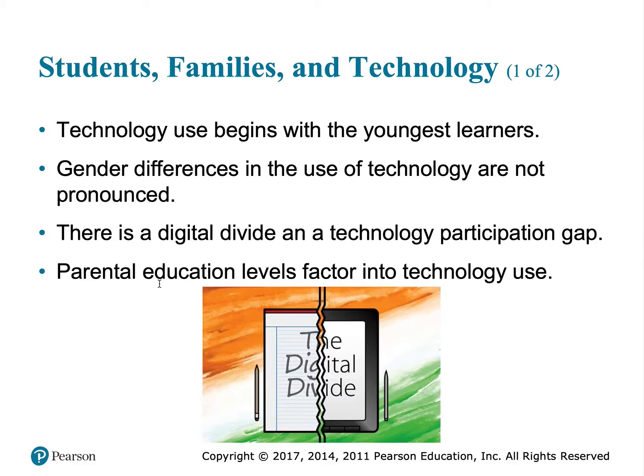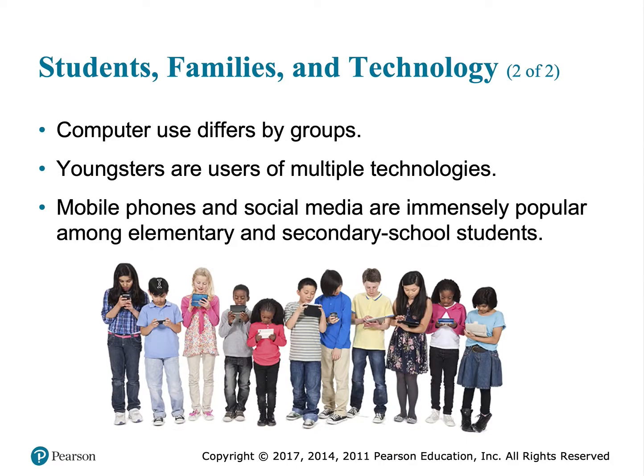And then the parental education levels factor in technology use. Parents or guardians, how plugged in they are can affect how plugged in they're going to let their children be, or the people that they're responsible for. Computer use differs by groups. Youngsters are users of multiple technologies.